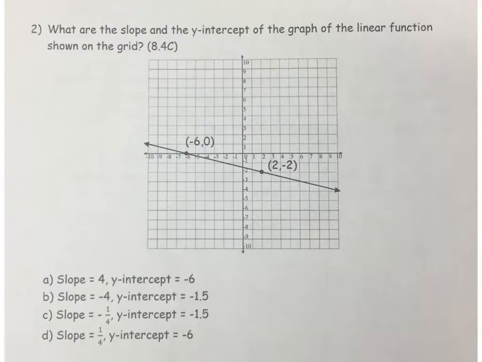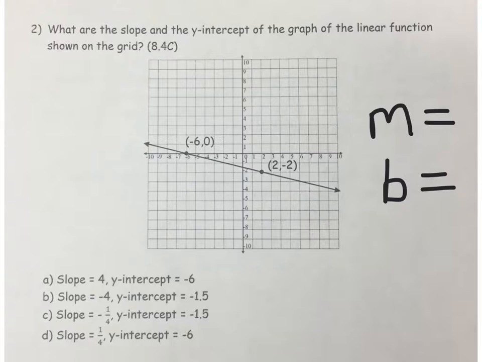Number 2. What are the slope and the y-intercept of the graph of the linear function shown on the grid? So again, we're looking for the slope and the y-intercept. Is it A? Slope is 4 and y-intercept is negative 6.